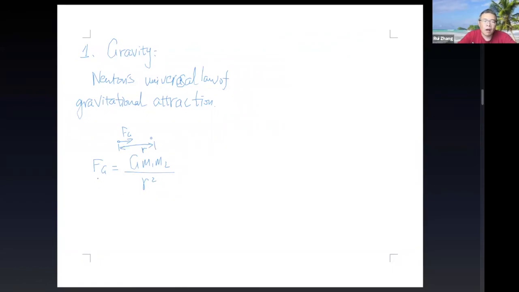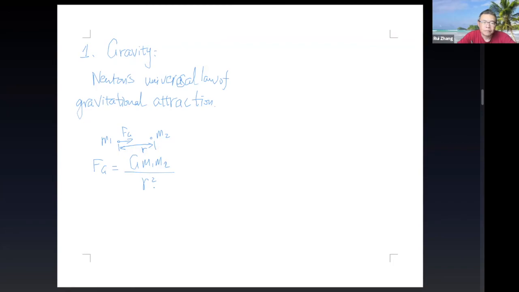So this is the law, the expression to calculate this universal gravitational attraction. It's given by the constant G, which I will explain, and then M1, M2, which are the masses of the 2 objects, and then R squared in the denominator, which is the distance. So it's proportional to the mass of the two objects and inversely proportional to the square of the distance between them.